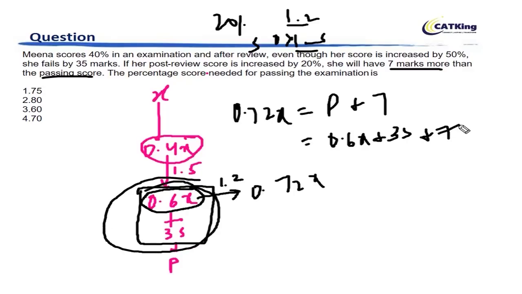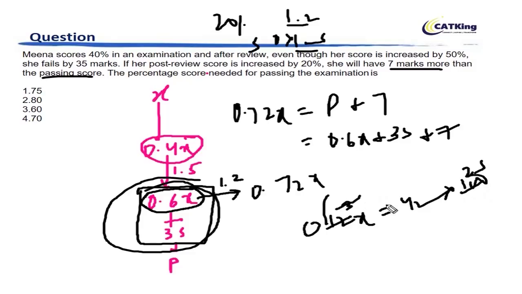So we just have to solve this. So this becomes 0.12x is equal to 42. So this becomes into 100. Now this is 4 times 3, this is 4 times 25, then this is 3 into 14 into 25, 7 into 50, same as 350. So the total marks is 350, right?